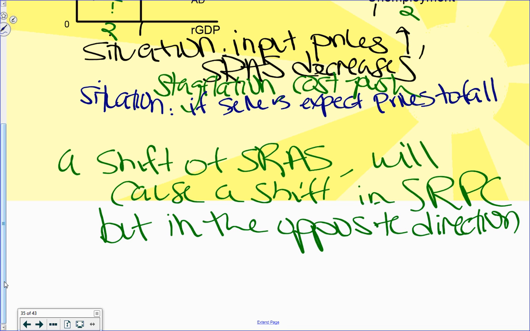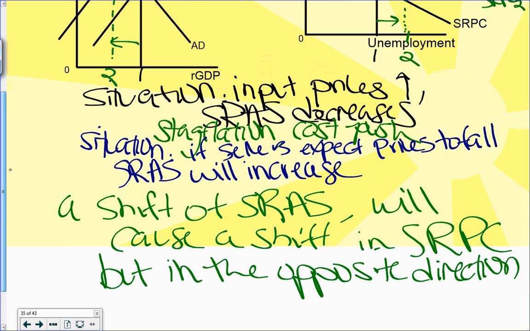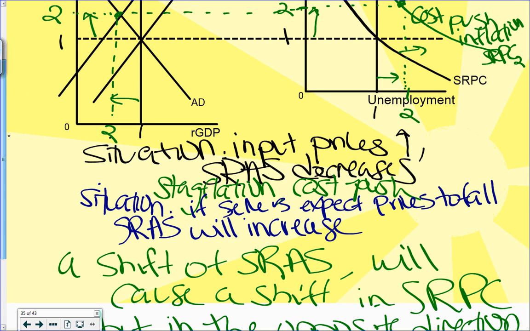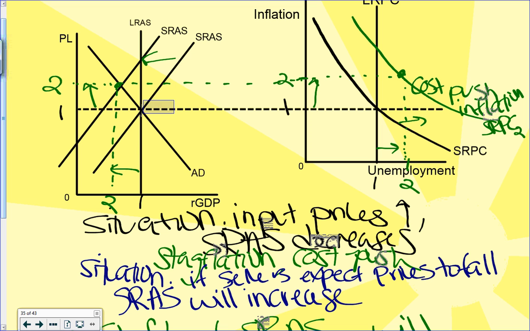So if you expect prices to fall, SRAS will increase, which is what causes prices to fall in the first place. SRAS shifts to the right.